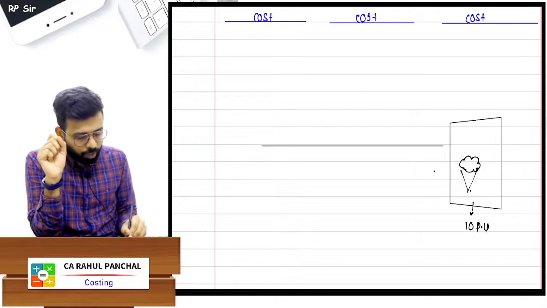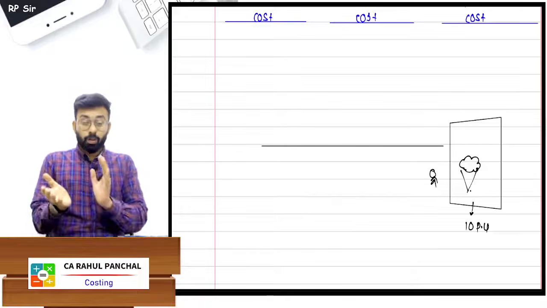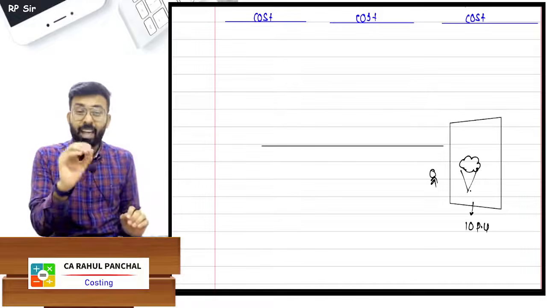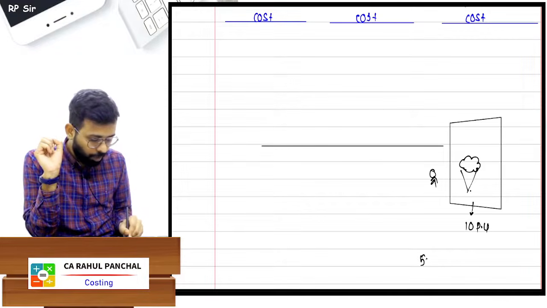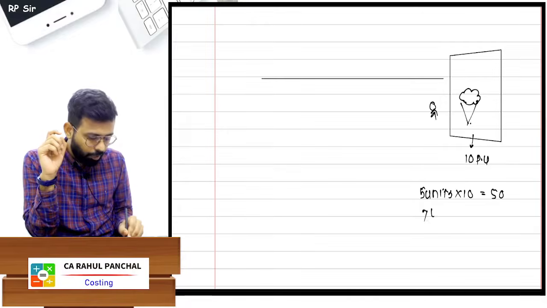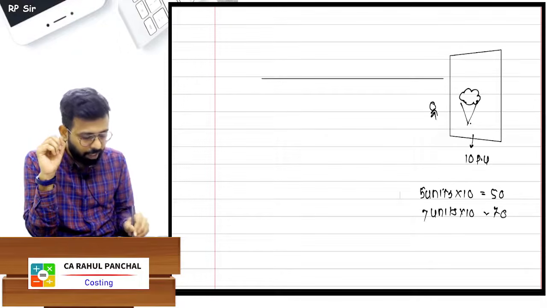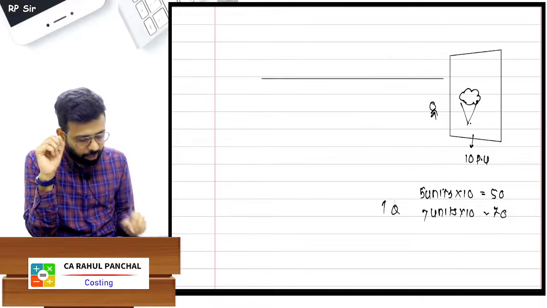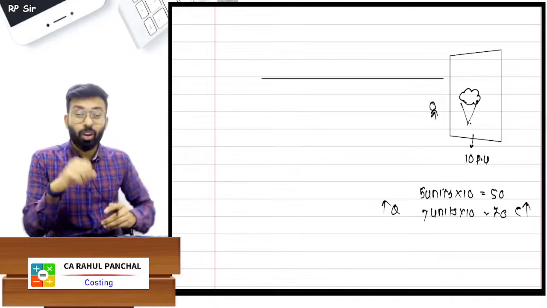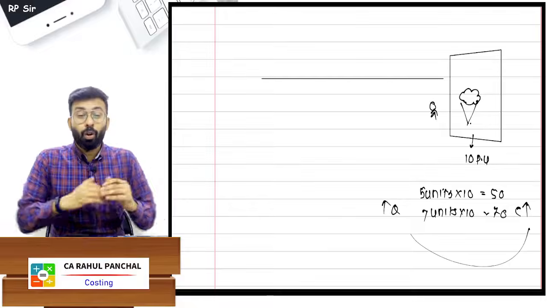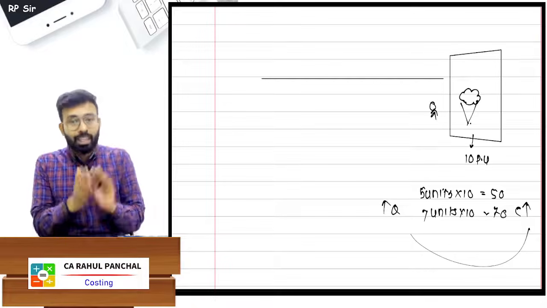If you say I need 5 ice creams, he will say you need 5 units, into 10 rupees per unit, you will have to pay 50 rupees. Now you say, no sir, I want 7 units. Then you will have to pay 70 rupees. You can see that if there is an increase in quantity, your cost also increases. There is a direct relationship. If quantity increases, your cost will also increase.